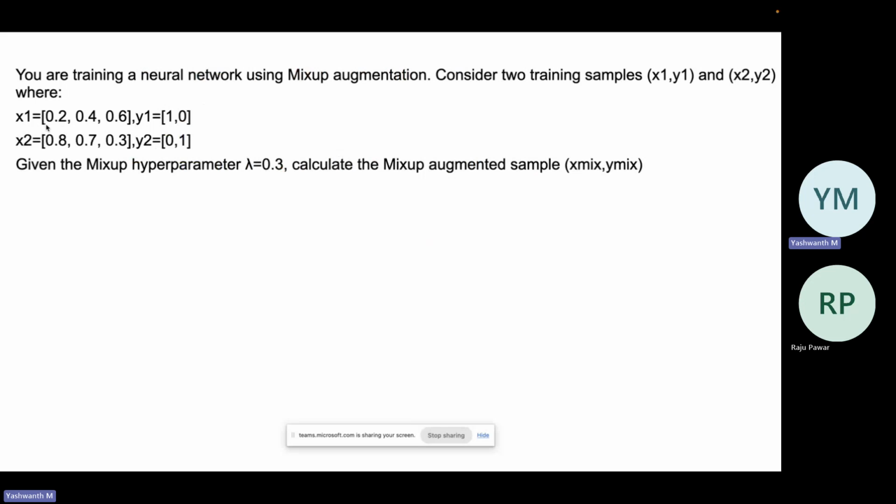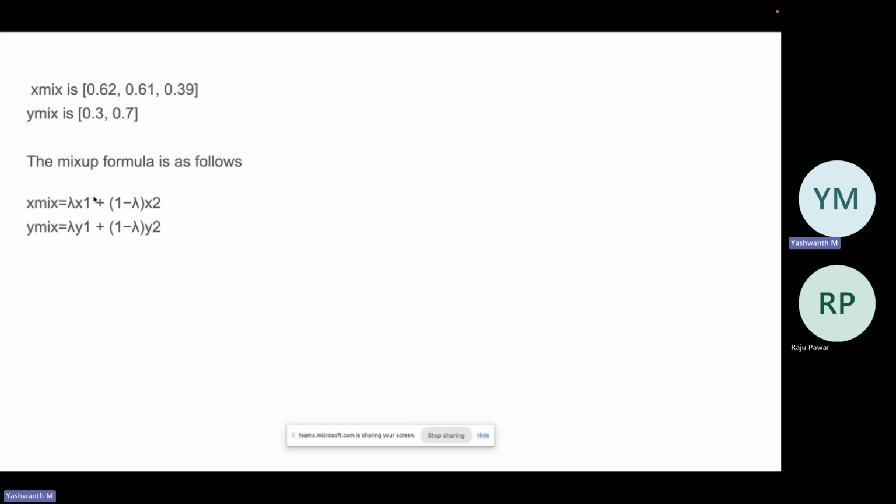It's very simple. Given two data points and two labels, we can create new mixup data by taking a convex combination of the data points and the labels.